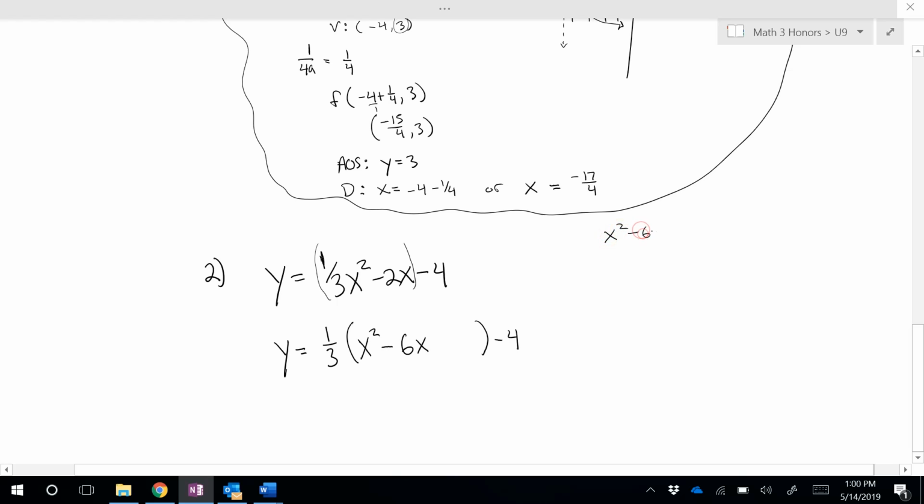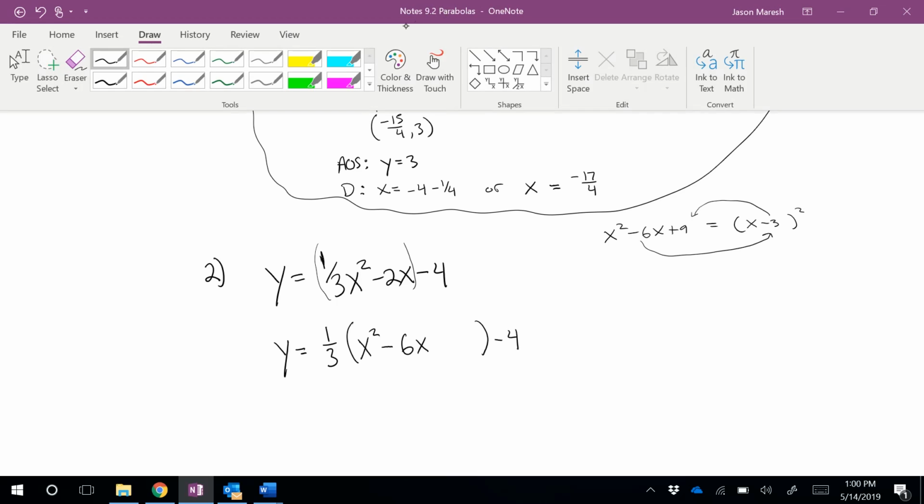We've got to think ahead and think, well, what perfect square would I make with that? So x, what? Well, what would my perfect square be first? -3. So you cut the -6 in half, and then you square the -3 and get +9. So it actually turned out to be the same deal that we had in the last one. So I'm going to add 9 to complete my square.